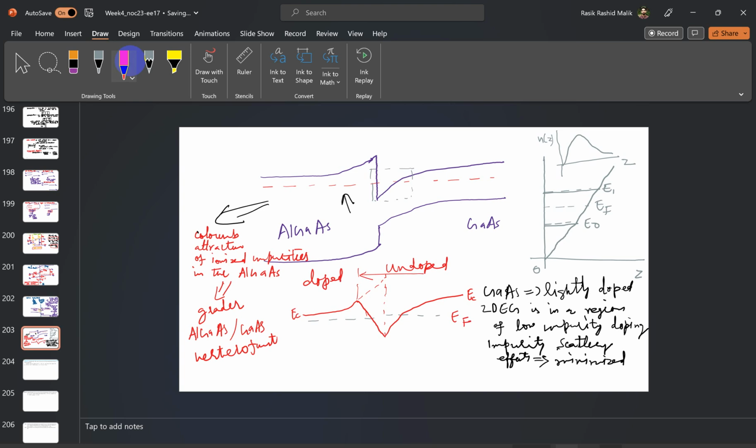So we have to sandwich, and up to this is aluminum gallium arsenide, this is gallium arsenide, and this region is undoped.